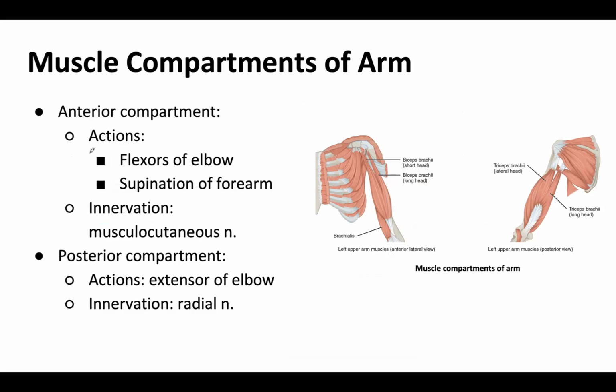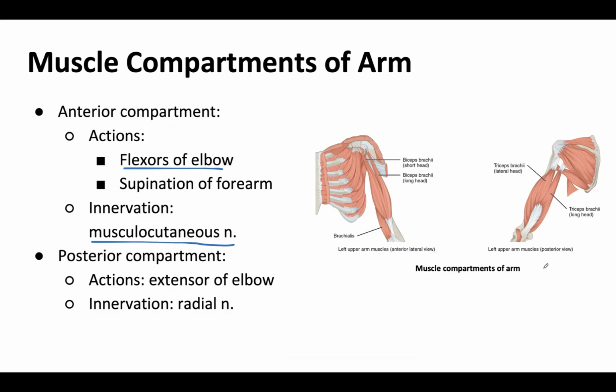The main actions of the anterior compartment of the arm are flexion of the elbow, or flexion of the forearm, you can hear it either way, and supination of the forearm, with the primary innervation being the musculocutaneous nerve, which is a terminal branch of the brachial plexus.